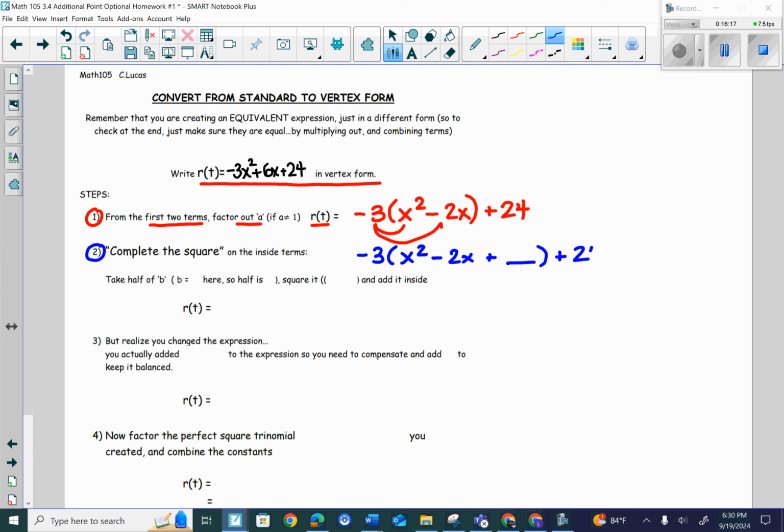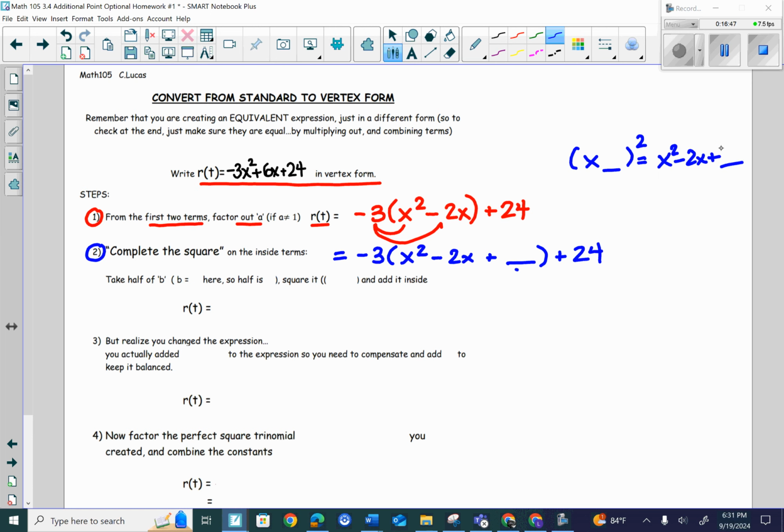Now, this is still equivalent to r of t, but I have to figure out what to put in this blank so that when I square a binomial, that is my trinomial square. So I'll write that over here. Something squared is equal to x squared minus 2x plus blank.